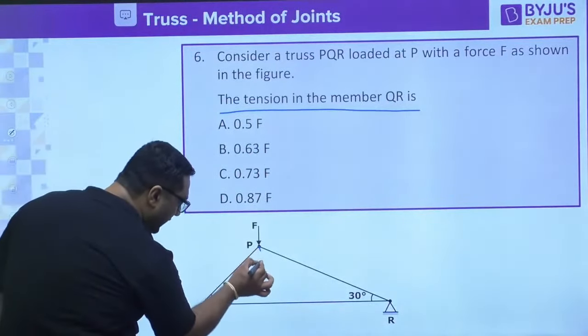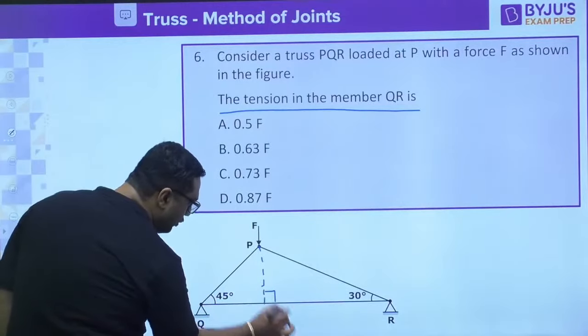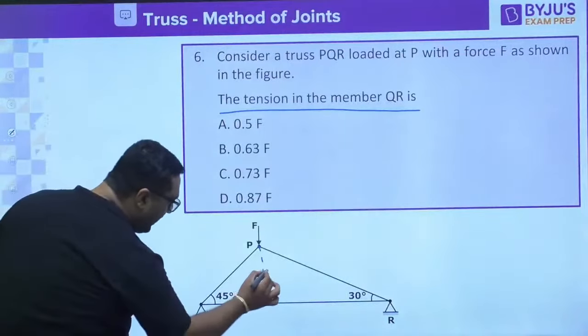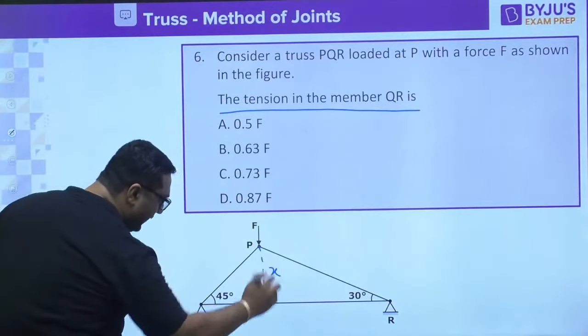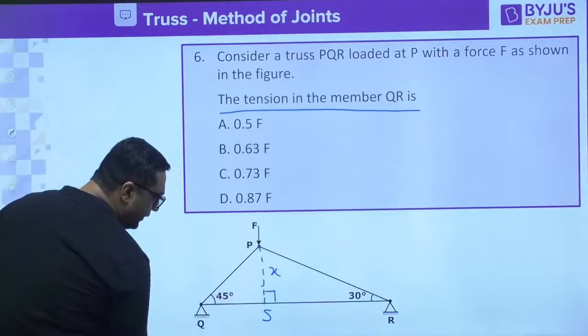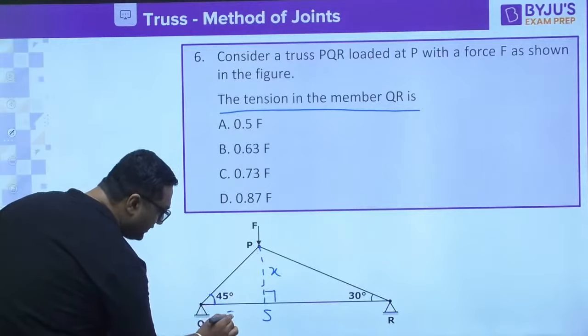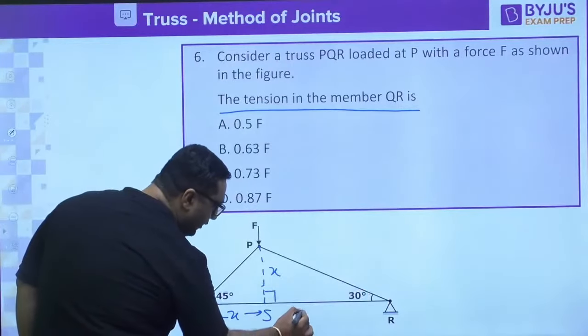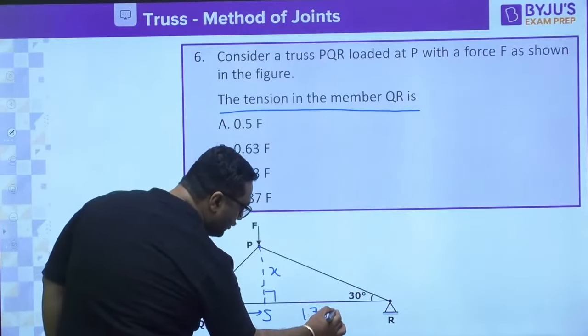If you put a perpendicular here, because the distances are not mentioned, QR distance is not mentioned, so you know that if we assume this direction, this PS to be x, then as this angle is 45, so this distance will also become x, and as this angle is 30 degree, it will become 1.732 times of x.